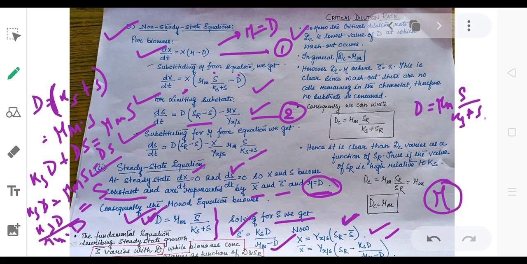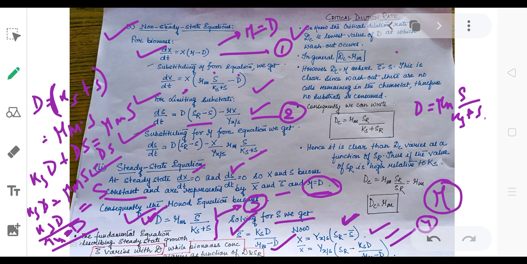So for getting the value of mu, we are solving this equation, say equation 3, for S. So we have simply cross multiplied and have found that S is equal to Ks D/(mu m minus D). So you just put the value of S in this equation 4. Okay? And ultimately this particular equation becomes related to your Monod's equation.